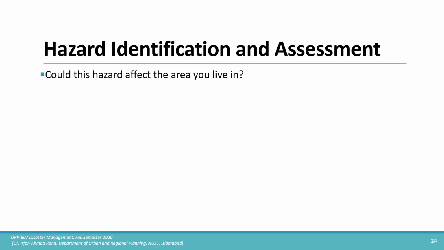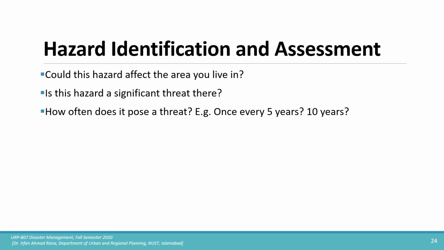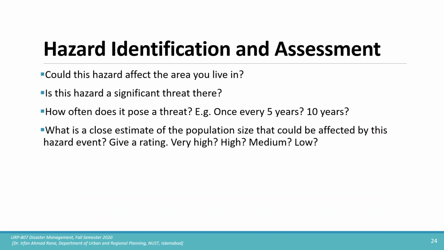So, hazard identification again. If you're living in an area, what sort of hazards are there? If they are there, are they significant enough to threaten your life? Are these threats recurring? How many people will be affected in your opinion?